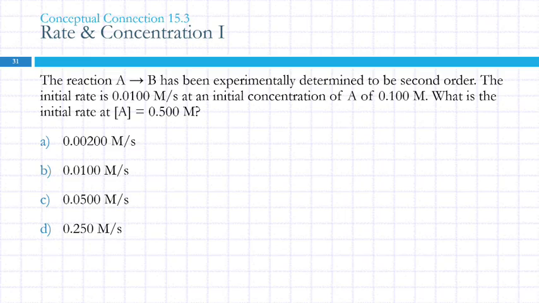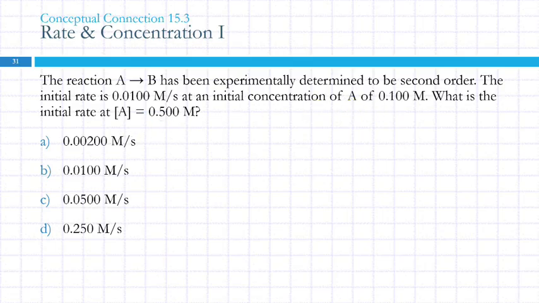The reaction A to B has been determined to be second order. The initial rate is 0.01 at an initial concentration of 0.1. What's the initial rate when A is 0.5? So A is changing from 0.1 to 0.5.